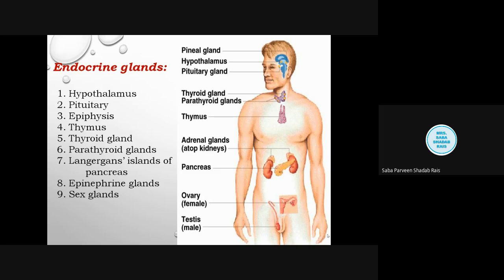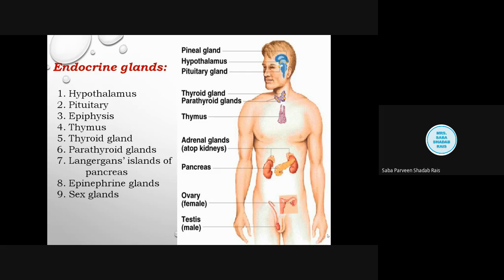The hypothalamus is the neuronal part, but it is releasing the releasing hormones. When we talk about hormones, at that time we will discuss how they work and their function. But today, in a simple way, we will just talk about these 10 glands and their systematic position in our body.